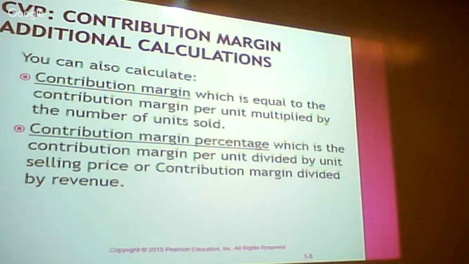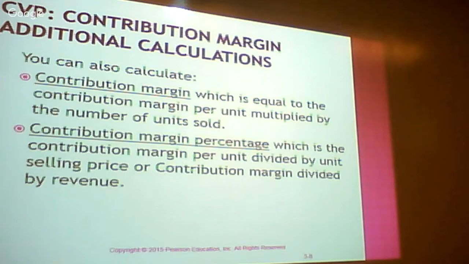And in some of the homework assignments, that's what you do: you determine the contribution margin on their original amounts, and then you say, okay, what if? And then you take the contribution margin per unit and multiply it by the new number of units to get the new contribution margin, okay?